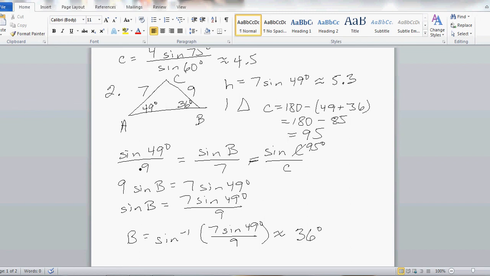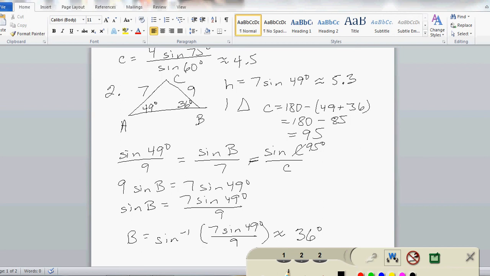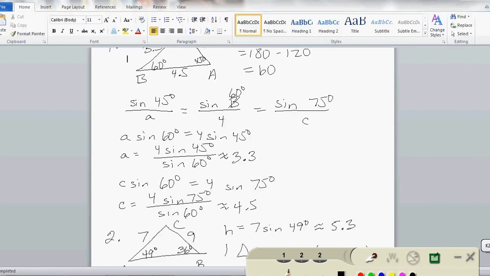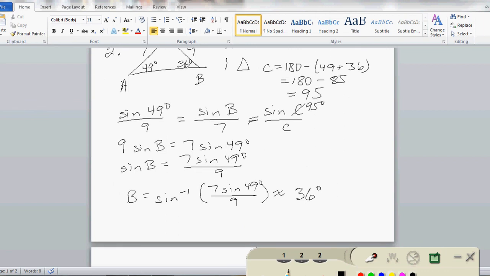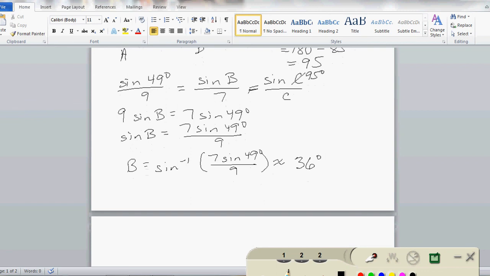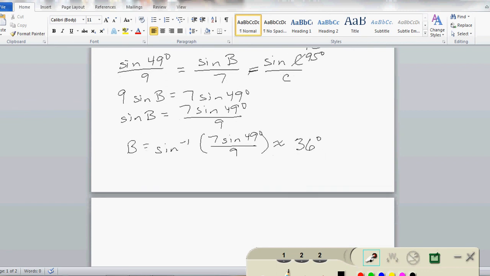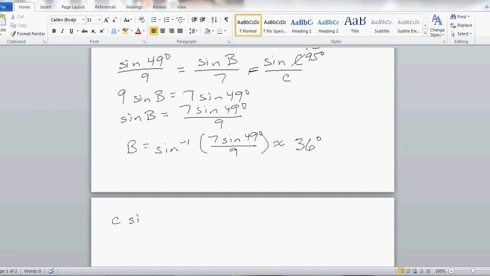Now we can take this ratio with this ratio and solve that particular proportion. Doing cross products, we get c sine of 49 degrees equals 9 sine of 95 degrees.